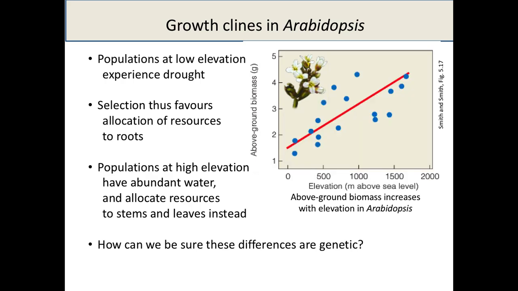What we see is that at the lower end of the gradient, in this case, it's primarily related to the availability of water, but also that they've got a better quality of soil. They send out more roots through the soil to gather more water.